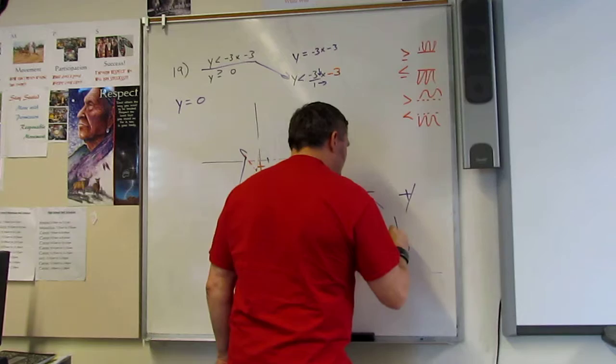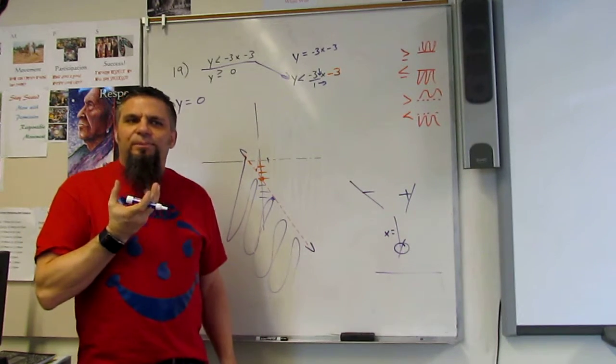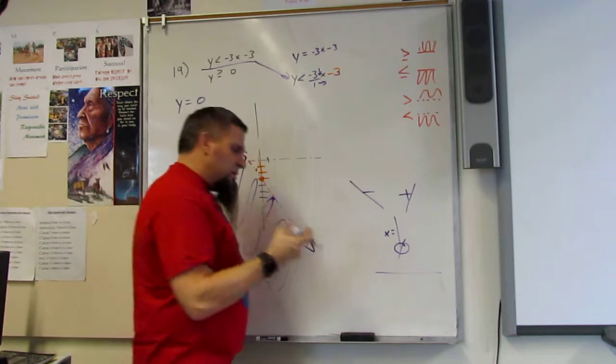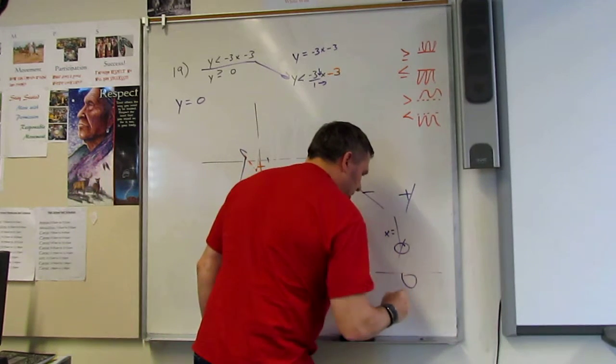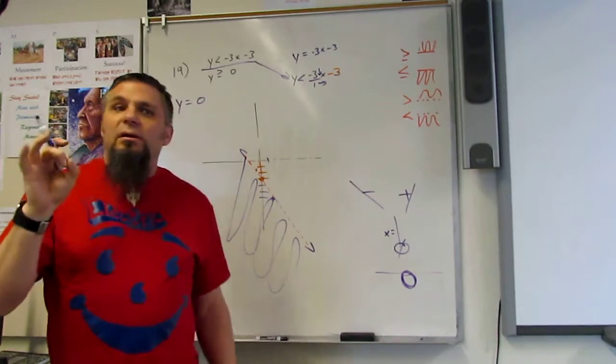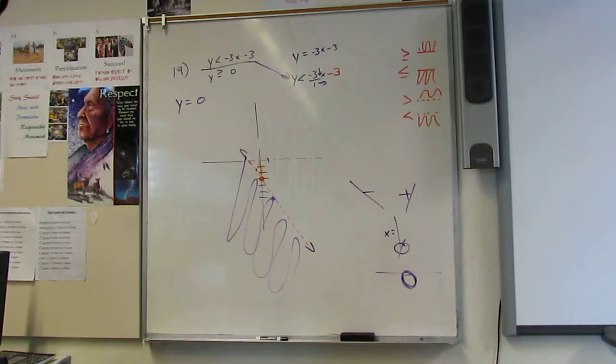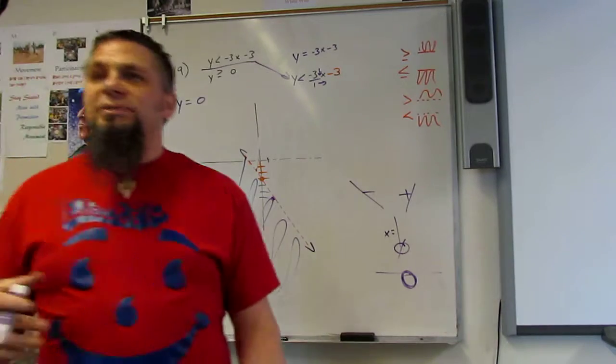The tongue looks like a 0, when there's a 0 slope, or y equals a number.